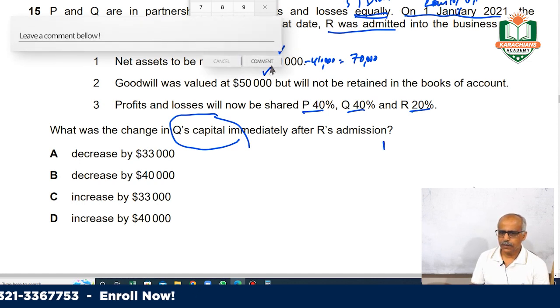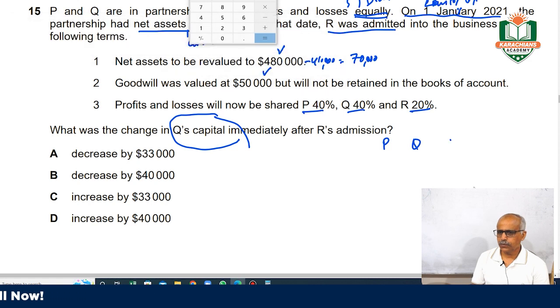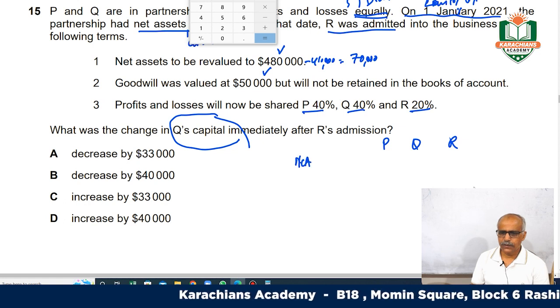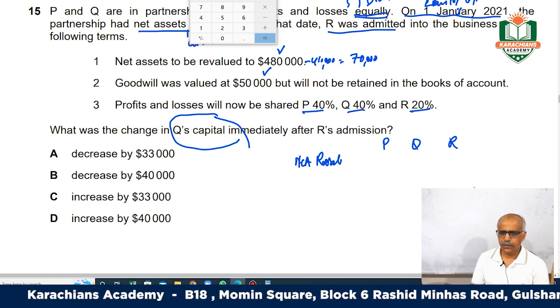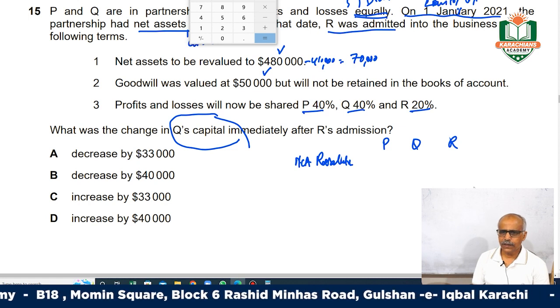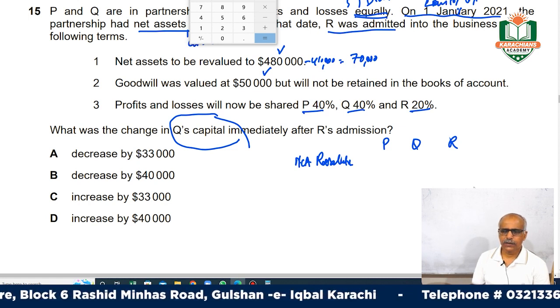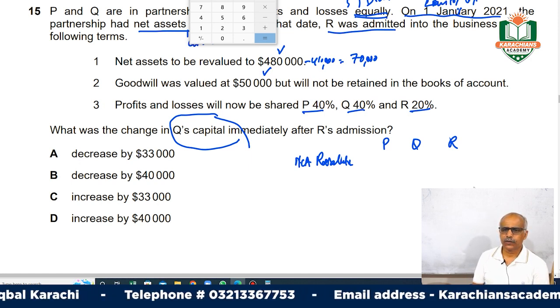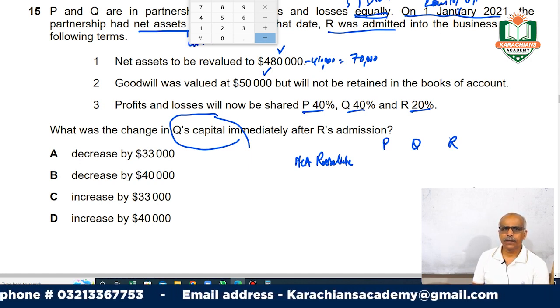P, Q, R, these are the 3 partners. Then non-current assets revaluation 70,000. So this is revalued before admission of a partner, so this revaluation will increase your capital.